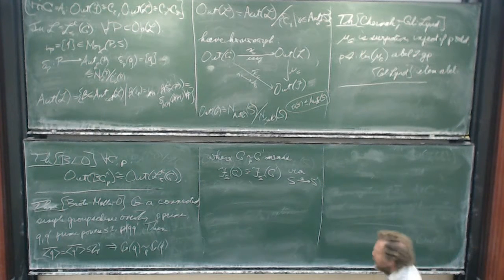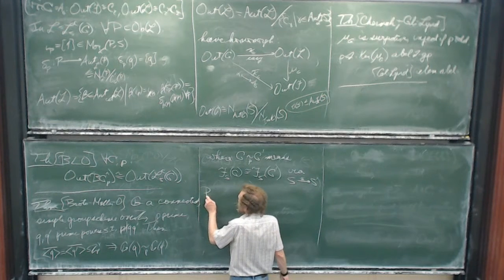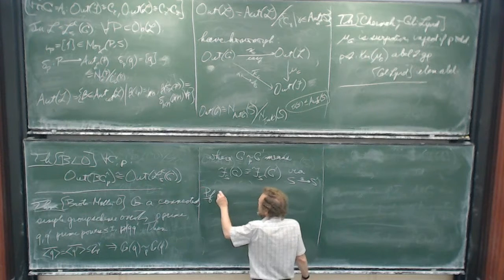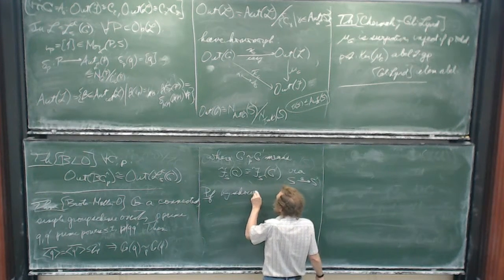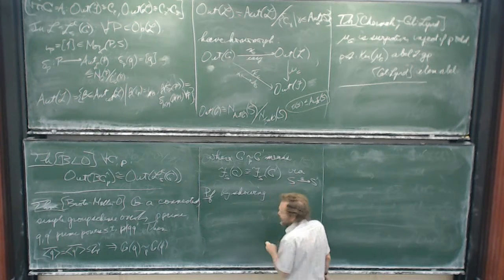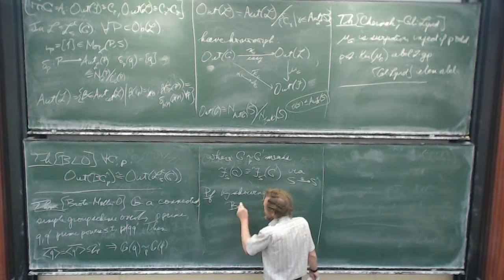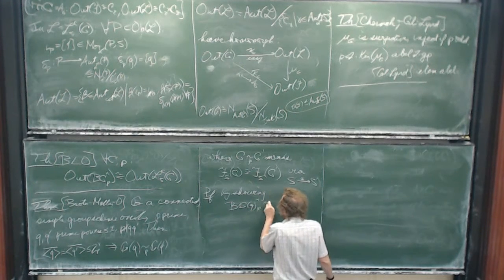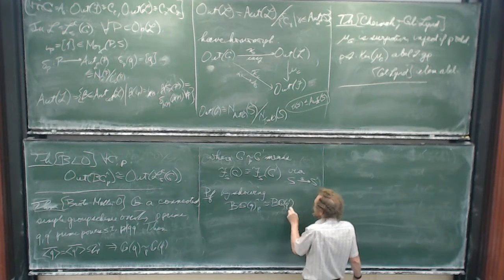Okay. And let me just say the proof is by showing that BG(q) p completed is homotopy equivalent to BG(q') p completed.